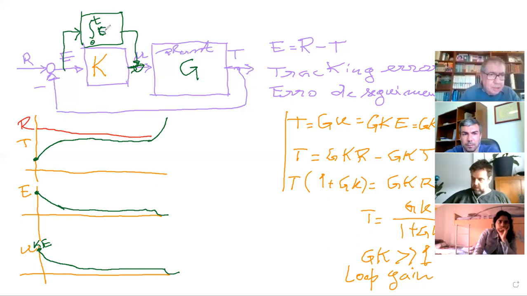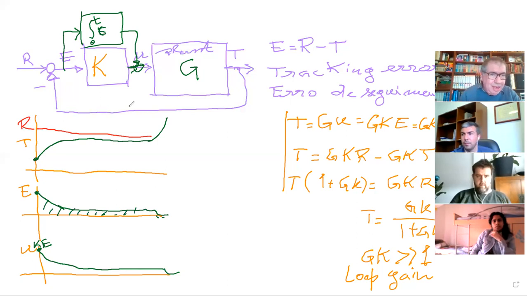Okay, what happens? The integral is the area under E, is this area. When E goes to 0, what happens to the output of the integral?